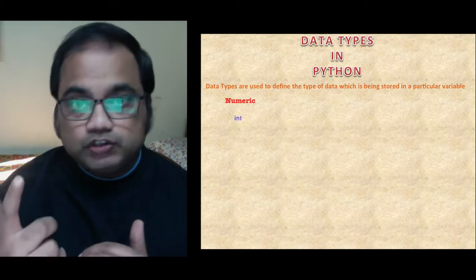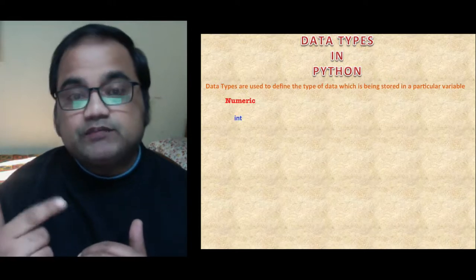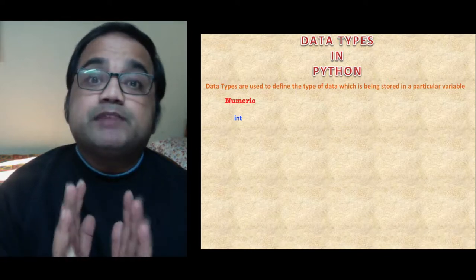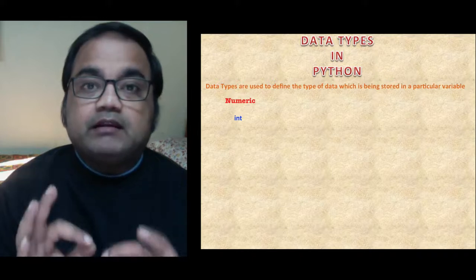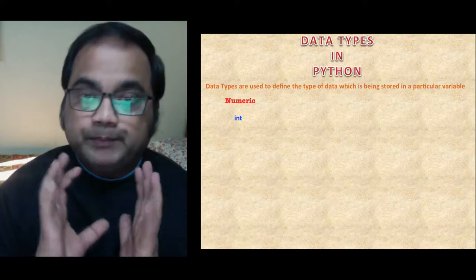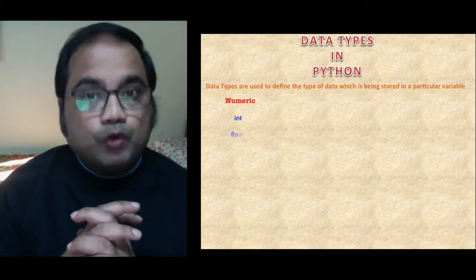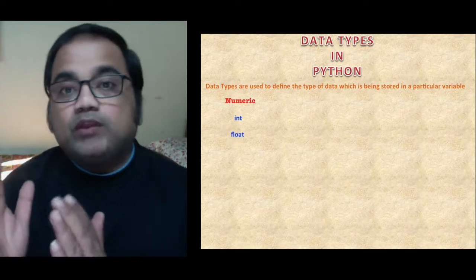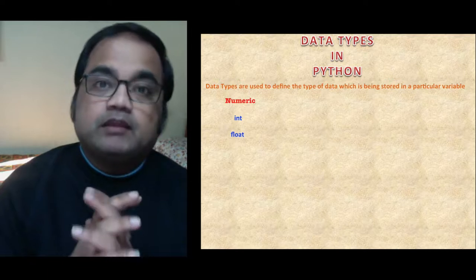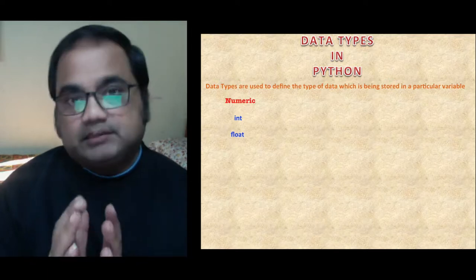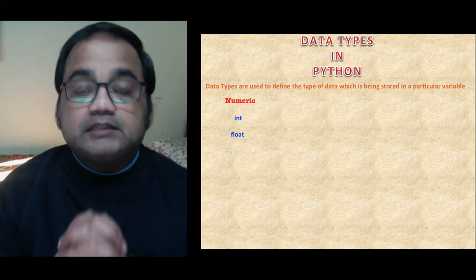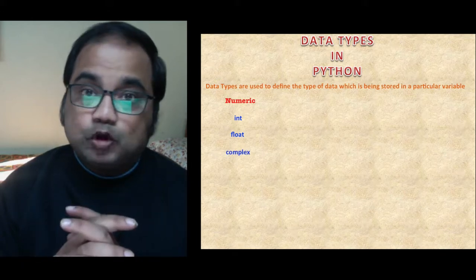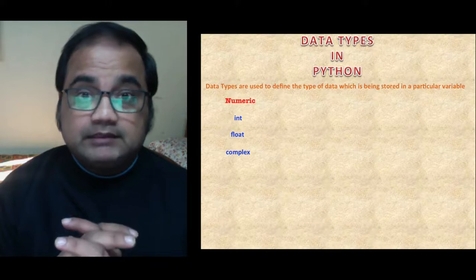First is integer, which holds whole number values, without decimal places, only the integral part of the number. Next is float. Float holds numeric values with decimal places. And third is complex number, right?